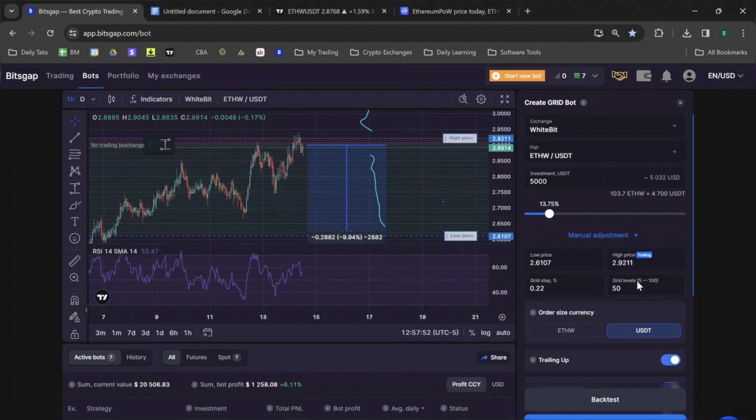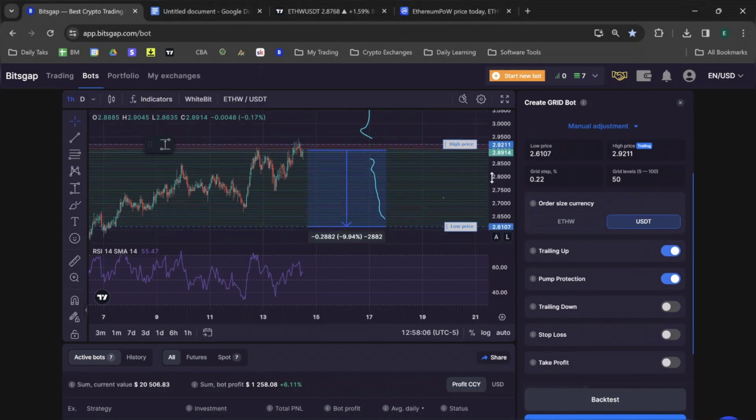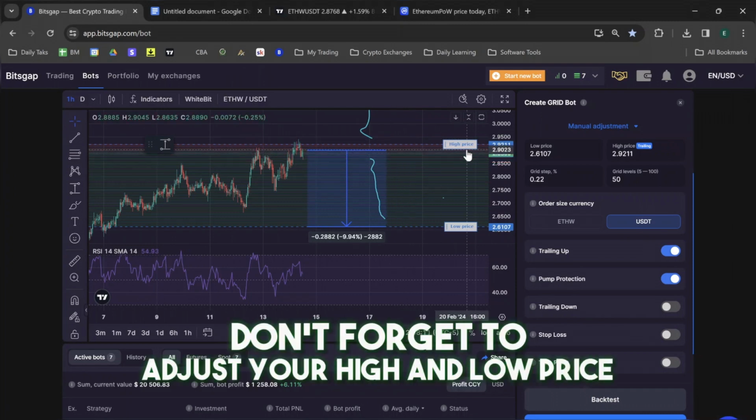The reason I'm doing it with 50 is because it gives me the highest backtesting percentage in the last 10 days. I'm looking for accurate data, and also I'm looking for more than 1% per day. Okay, I'm using a small grid range percentage of 10, and always remember to adjust your high price and low price to that grid range percentage.